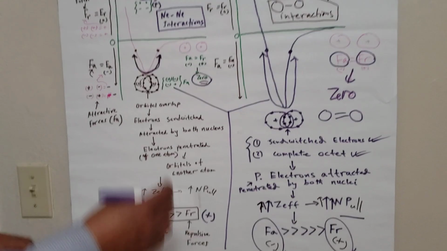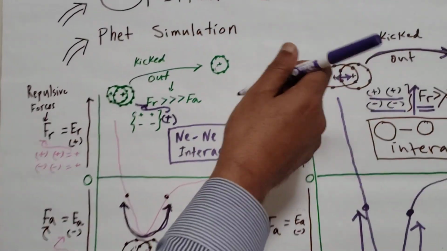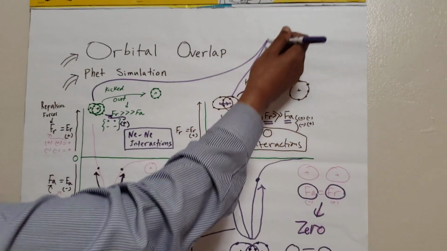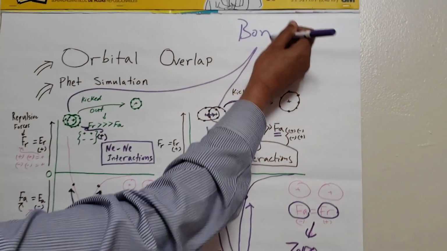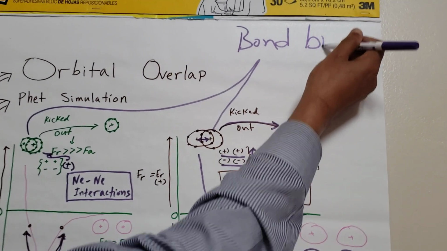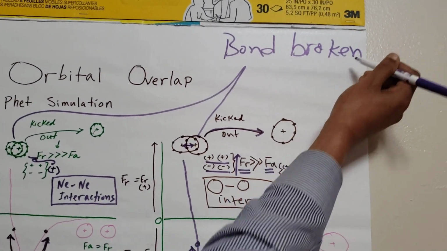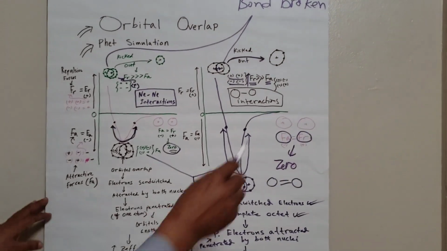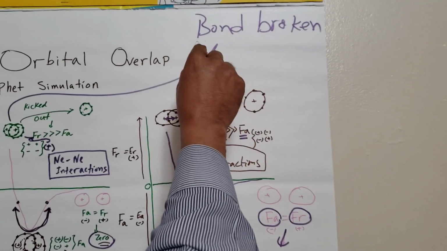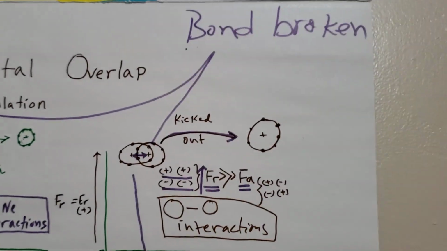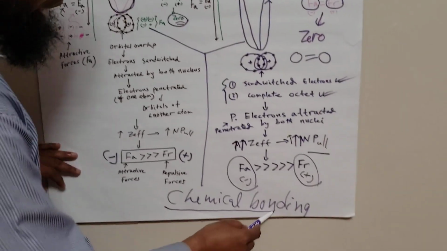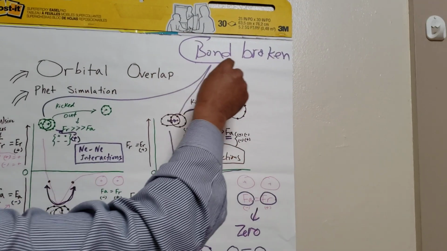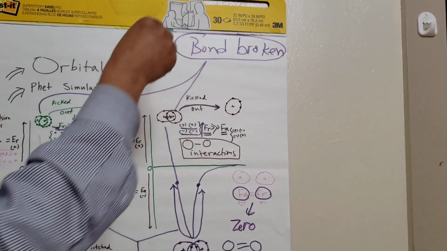And when you have a lot of repulsive forces, the bond will be broken, because of the huge amount of repulsive forces. So I think you have now understood how a chemical bond is made and how chemical bonds are broken.